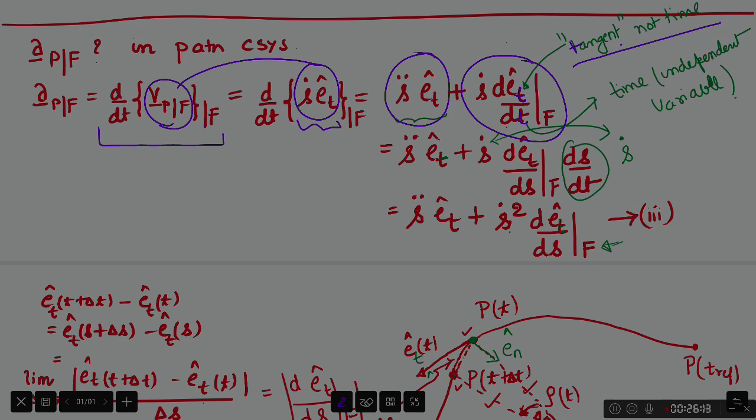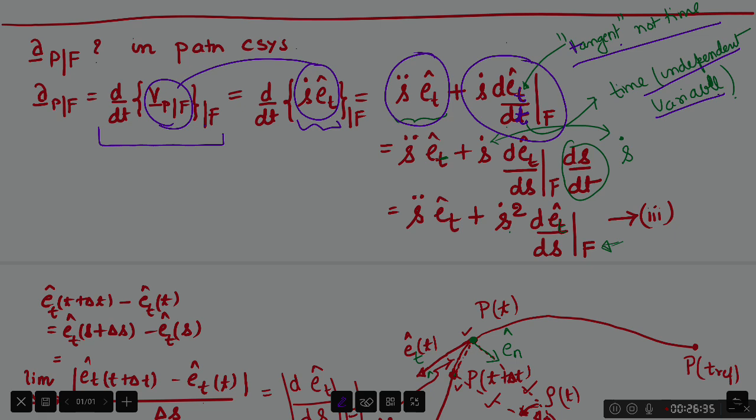Whereas this t appearing here is our independent variable, the independently varying time variable. So please do not get confused with the appearance of two different types of t in the same expression.